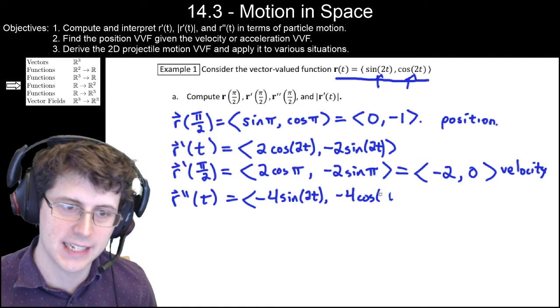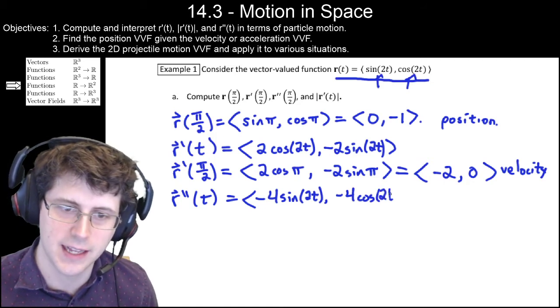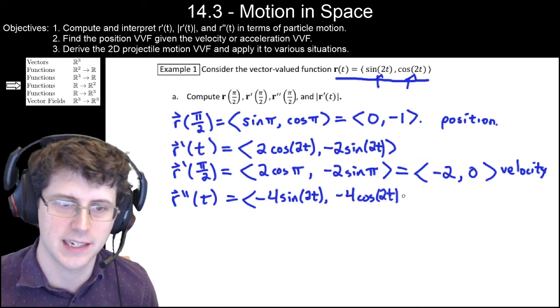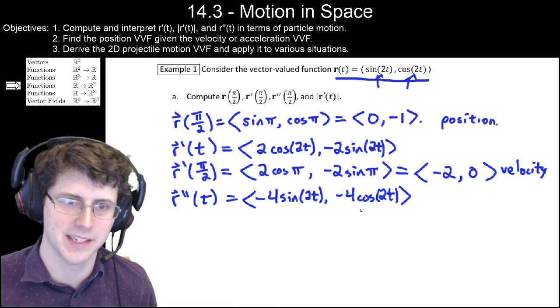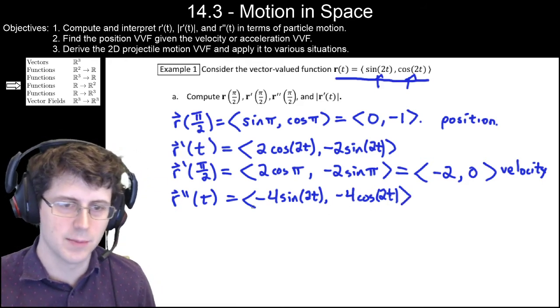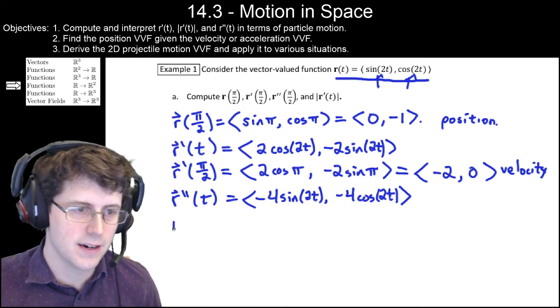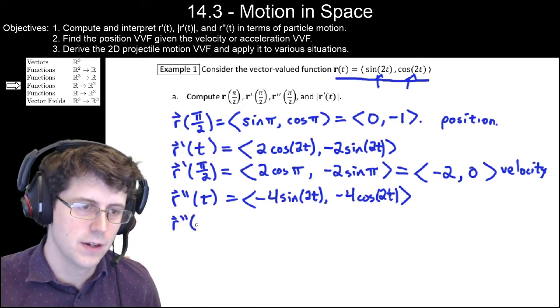It's okay to make mistakes like that, right? As long as you're thinking critically, as long as you're writing things, you're asking yourself, is this correct? So here's r double prime of t. Then to get r double prime of pi over 2, I plug in pi over 2 for all the t's.